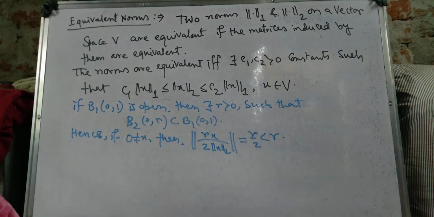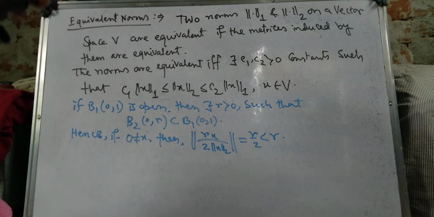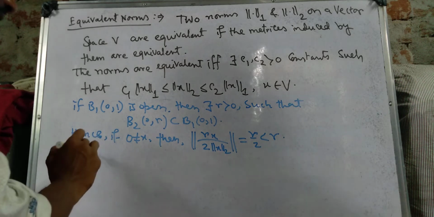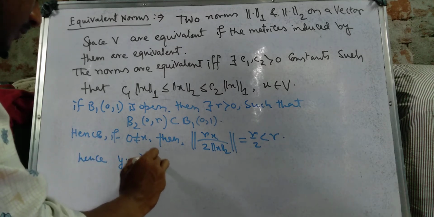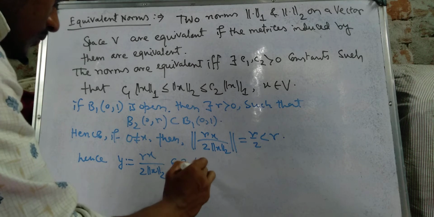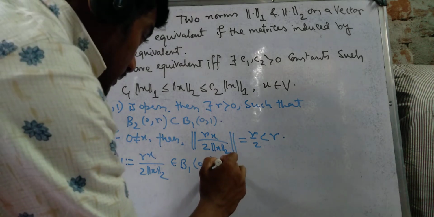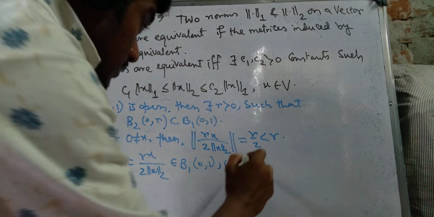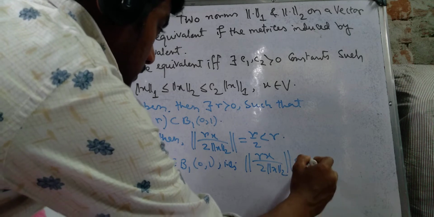Hence y, equal to Rx by 2 norm x2, belongs to B1(0,1), and that is, the norm of Rx by 2 norm x2 is less than or equal to 1.